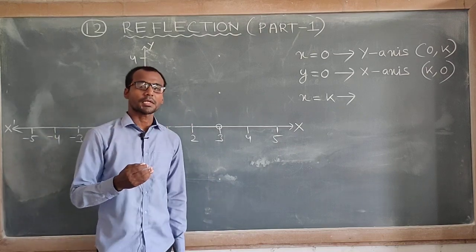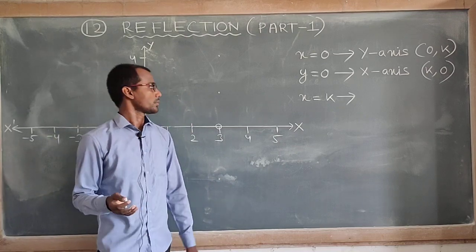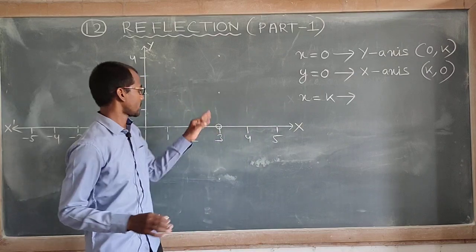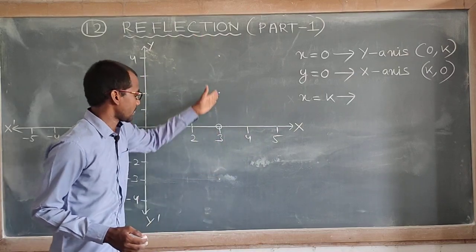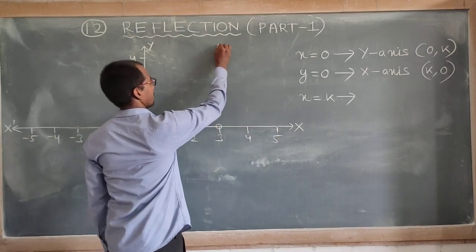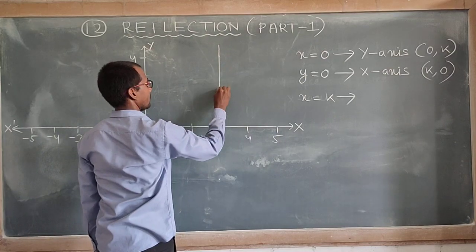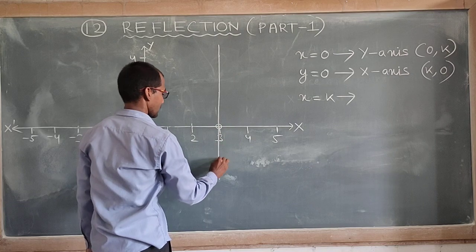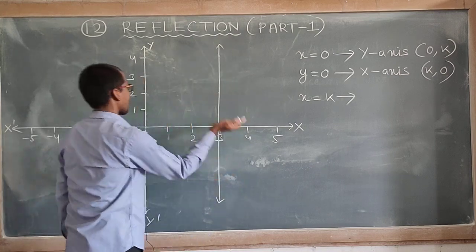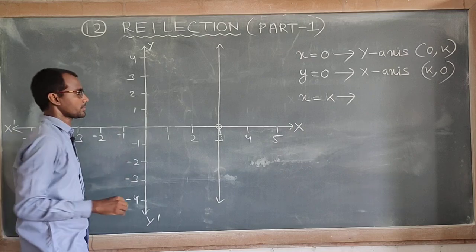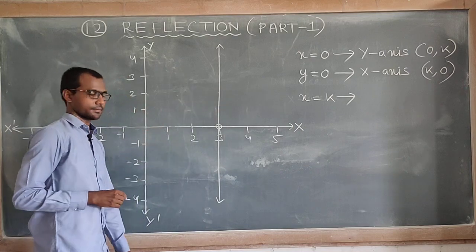So in this way you can get as many points as you want whose x coordinate is 3. You will get all the points along a straight line. So we are getting a straight line which is parallel to the y-axis.